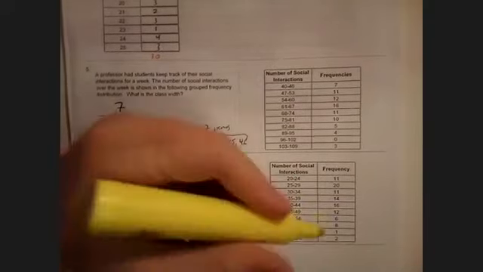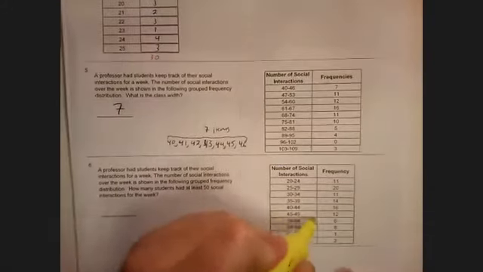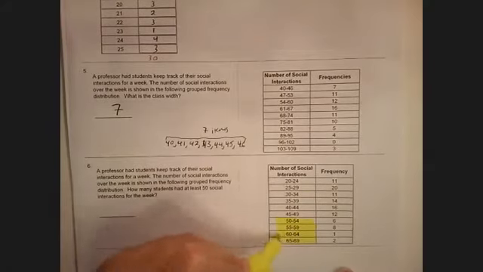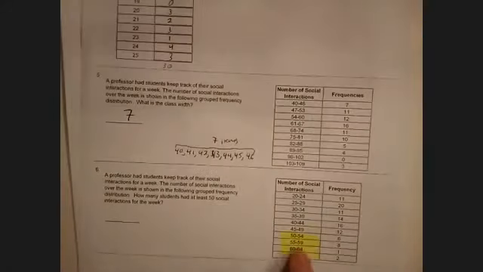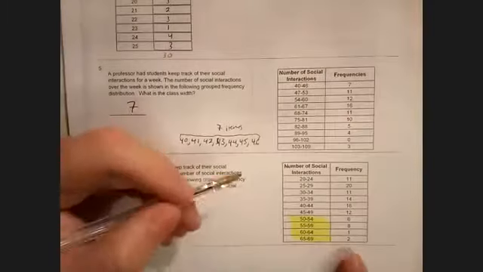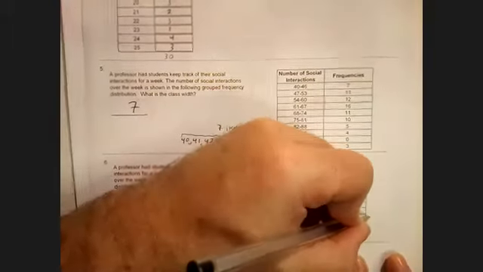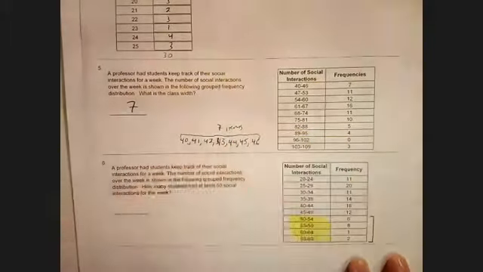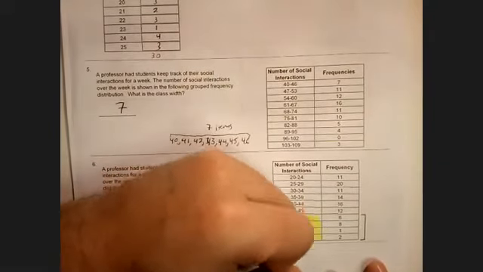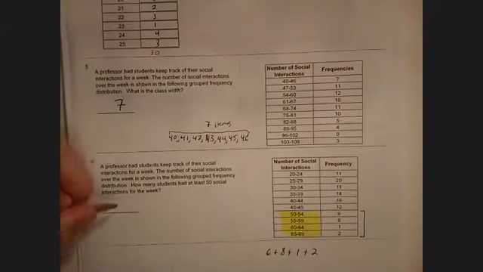At least 50 interactions would be these, 50 to 54, 55 to 56. Basically anything bigger than 50, which is all of these. Now the frequency is what I need to add up. These are the numbers we need to add. 6 plus 8 plus 1 plus 2. That's 17.